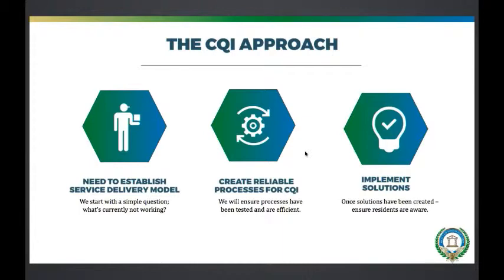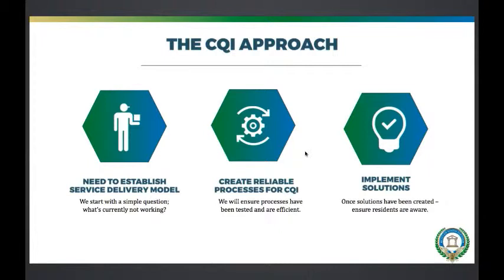And so, as we start with the question, what is not working, we move secondly to create a reliable process that ensures continuous quality improvement. So, if a customer is not receiving quality services at the front desk, we find out why, we create a process, and then we measure it to ensure that their experience improves over time.